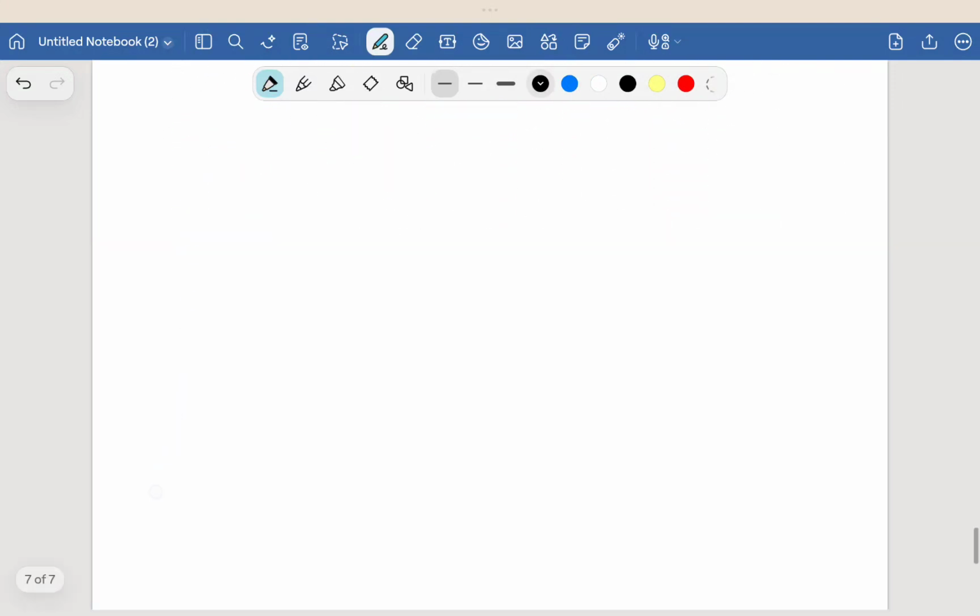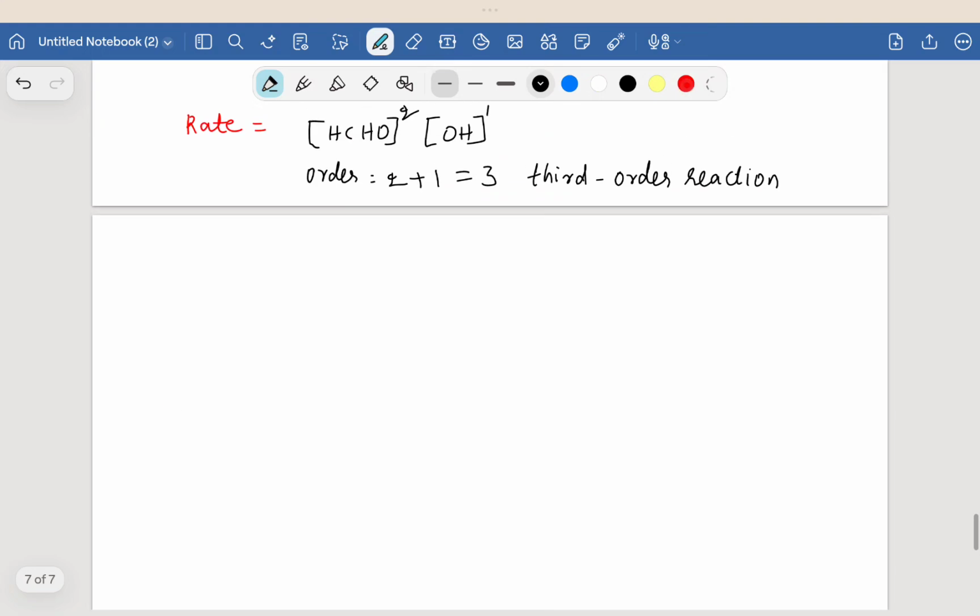Next, if we use high concentration base, mechanism 2. Mechanism 2 is high concentrated base. When high concentrated base is used, at that time what will happen?